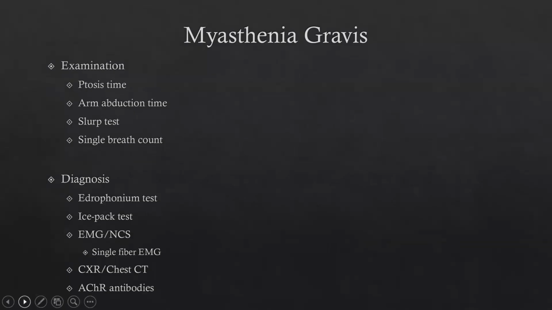In terms of examination, of course, you can look at ptosis time, where you ask the patient to look up and see if the ptosis gets worse, or you can ask them to blink repeatedly and see the ptosis getting worse. You can ask them to do abduction with the arms several times, maybe up to 10 times, and then test strength.